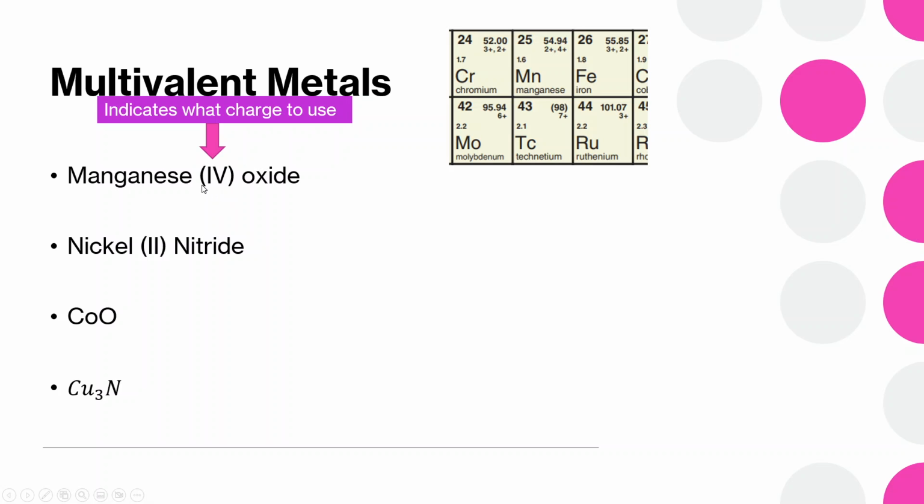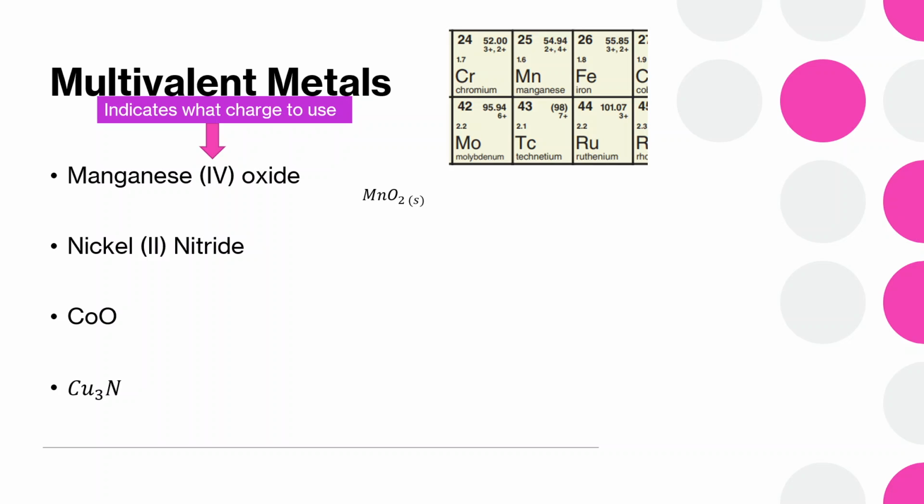So IV stands for 4, so what that means is that I'm going to use the +4 charge for the manganese. Now, oxygen has a -2 charge, so in order to balance those out, what I would need is 2 oxygens, because that would get me up to a -4, and -4 and +4 would cancel out. So the formula for manganese 4 oxide would be MnO2.